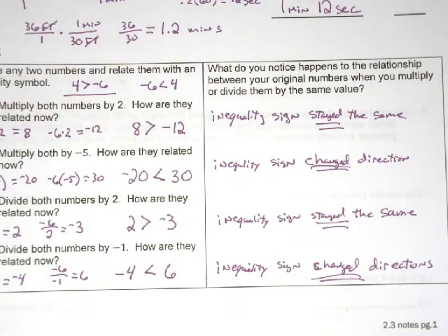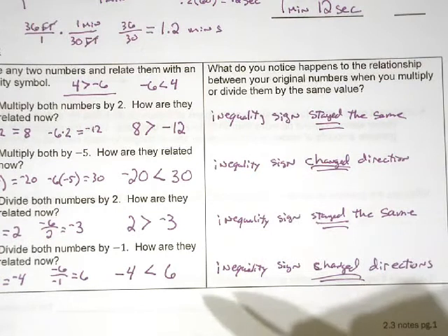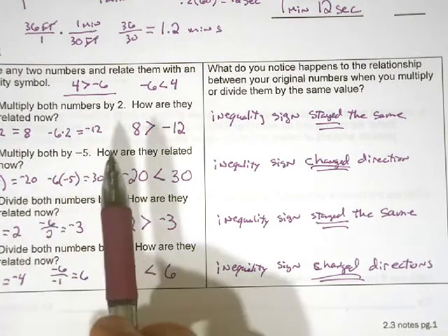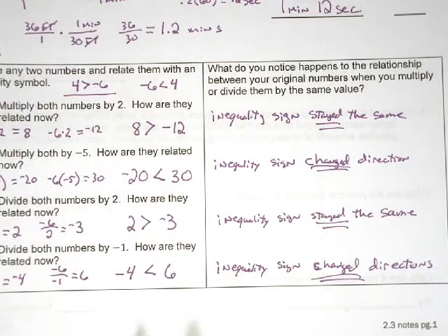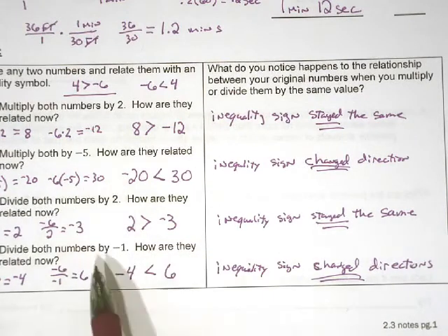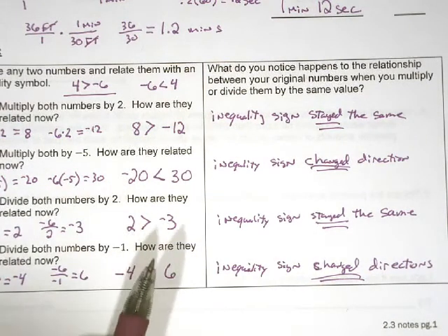So again, this is very important for when we are solving and using multiplication and division here on the back side. So let's go through some examples here, and what we get from this is anytime we multiply by a positive number or divide by a positive number, the sign stays the same.